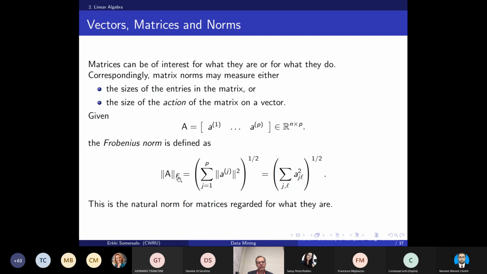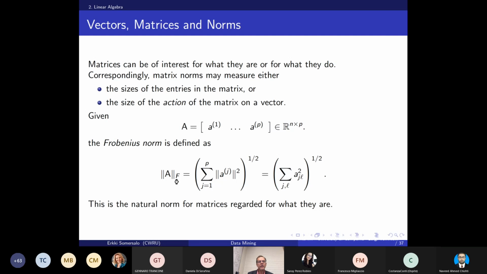And what you get is the Frobenius norm of A. The Frobenius norm, in other words, is the sum of squares of all components of A, summed over the row index and the column index, and then the square root of the whole thing. That tells you roughly how large the matrix is, in the sense of how large the components are. So this is a useful norm.